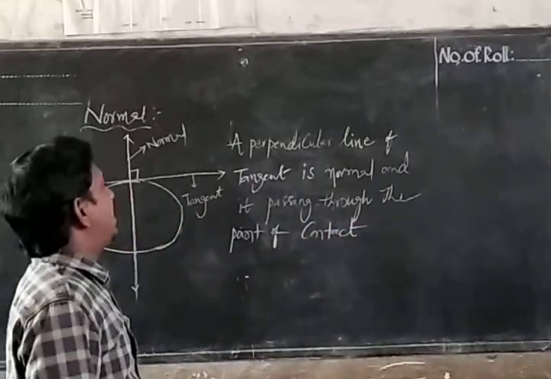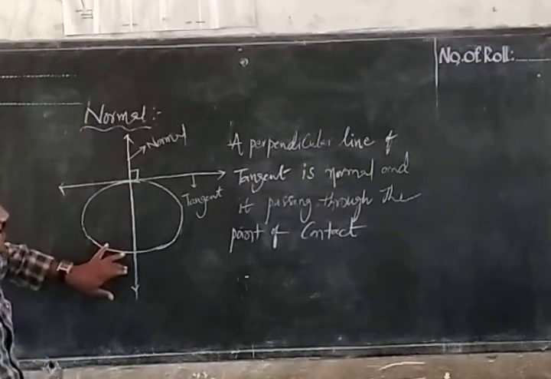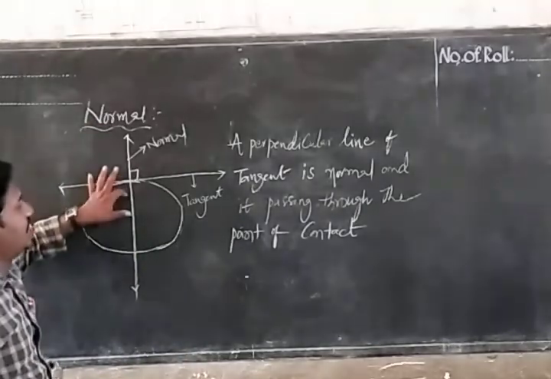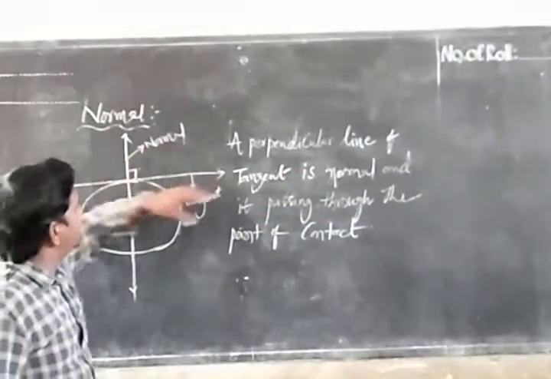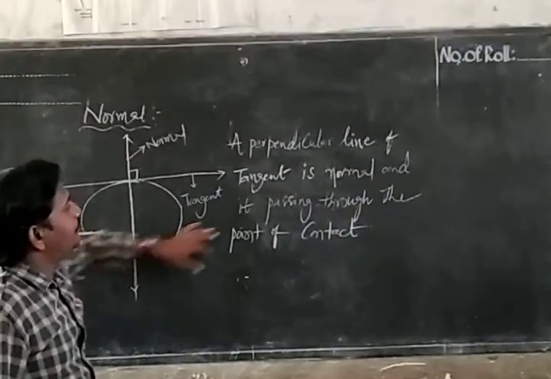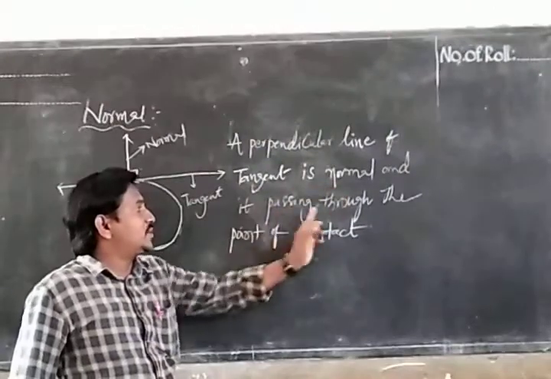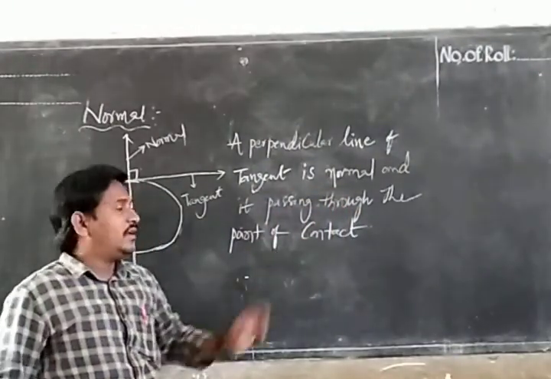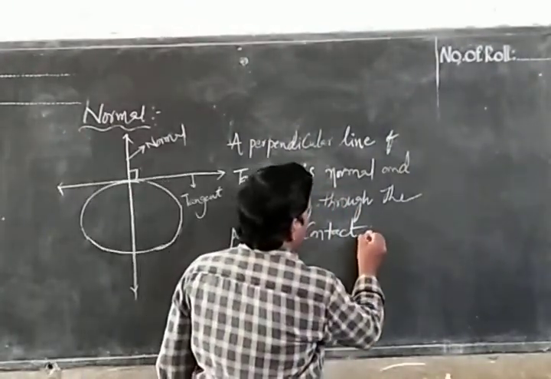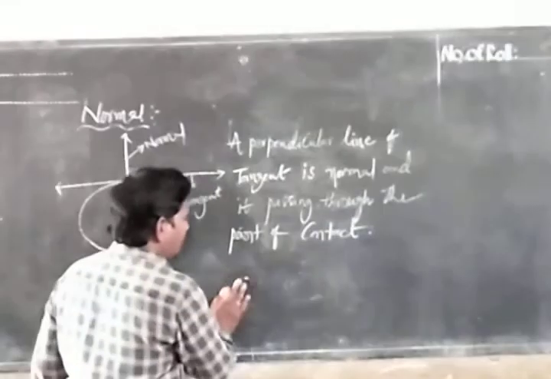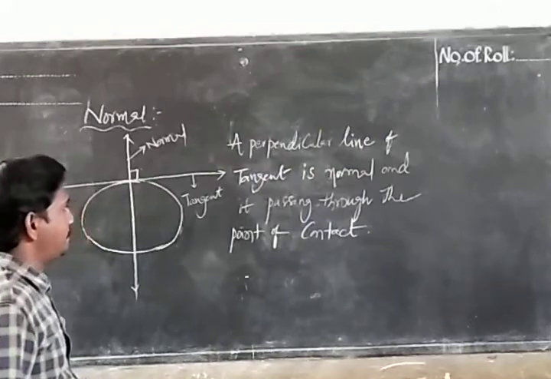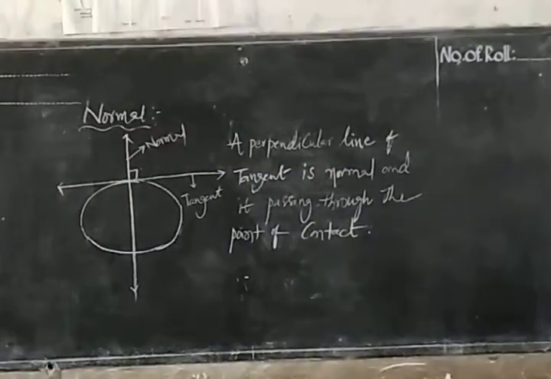A perpendicular line of the tangent is the normal, and it is passing through the point of contact. Now, we have written up to here.